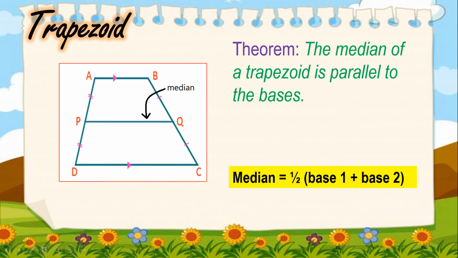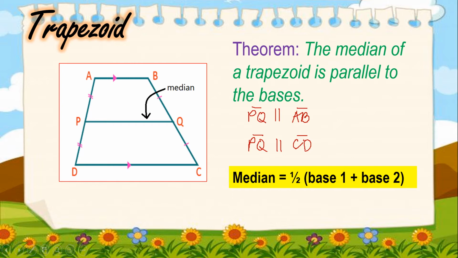Theorem: the median of a trapezoid is parallel to the bases. So in the given figure, in trapezoid ABCD, median PQ is parallel to base AB and is also parallel to base CD.